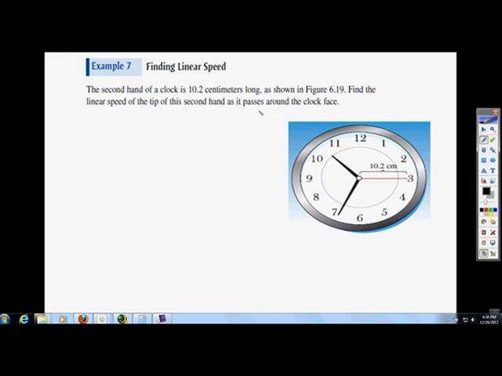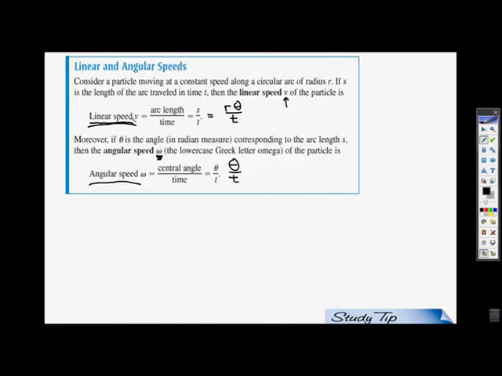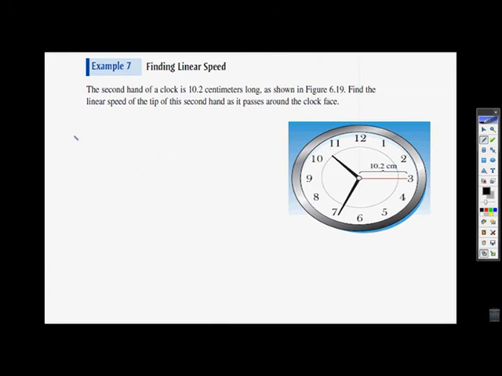To find it, we know our linear speed is v, equal to S divided by t, or r theta over t. So v equals r theta divided by time.